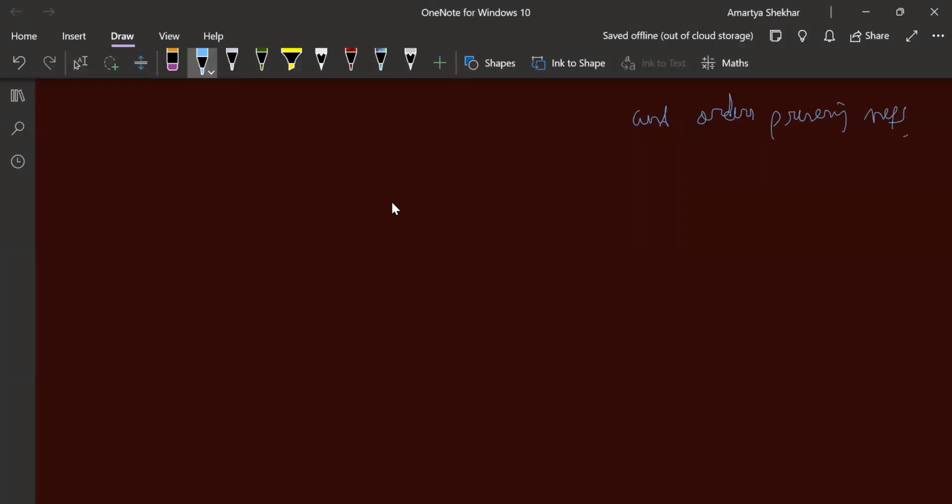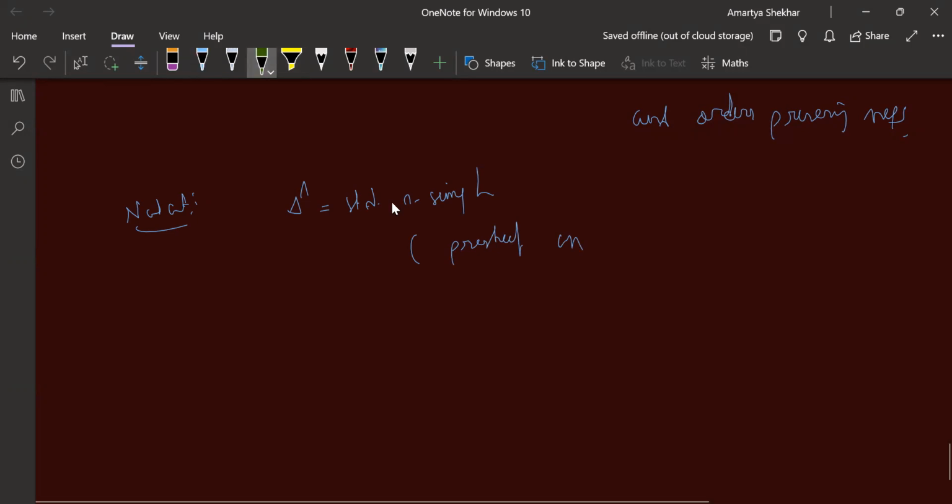Let me fix the notation for the standard simplex, because there are different notations that you find in the literature. This is the way I denote it. This is just a presheaf, so this is the way to think about it: a presheaf on the category of simplices.